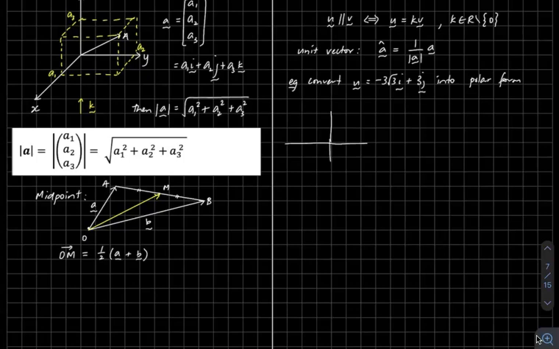I should have really drawn that. Let's do that again. Let's draw for ourselves just a little set of axes here. So negative 3 root 3, plus 3, is somewhere in that quadrant there, isn't it? So let's say that length there is 3 root 3, in the negative direction, and that length there is 3.